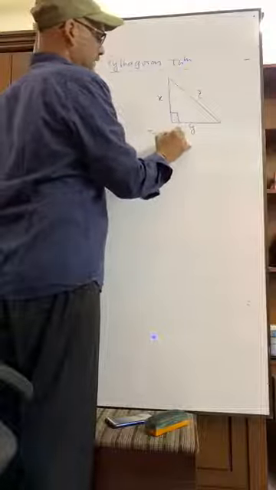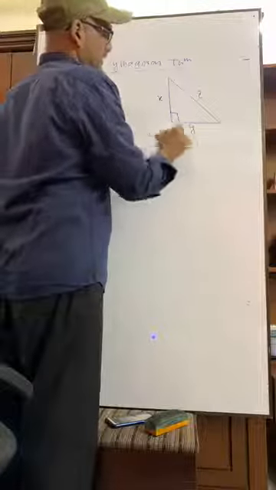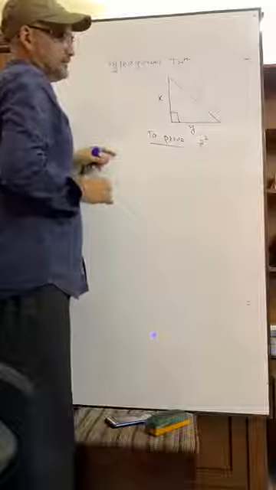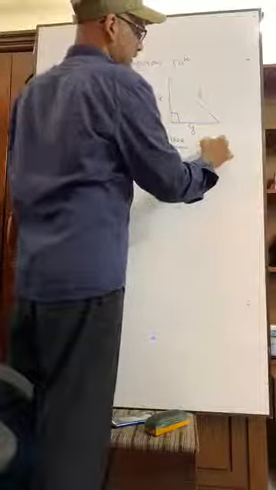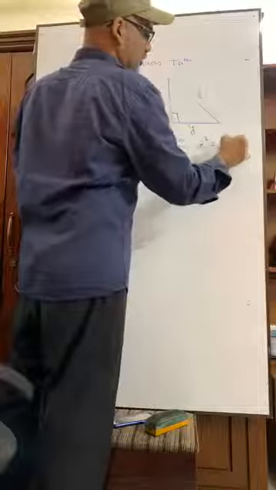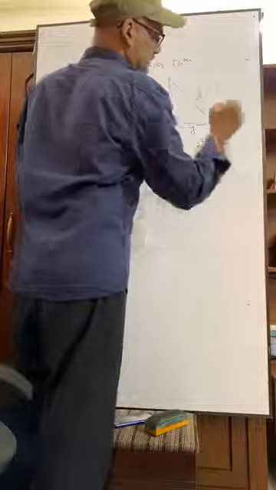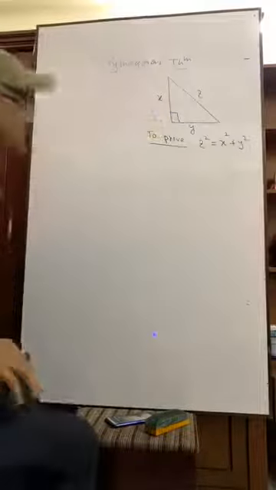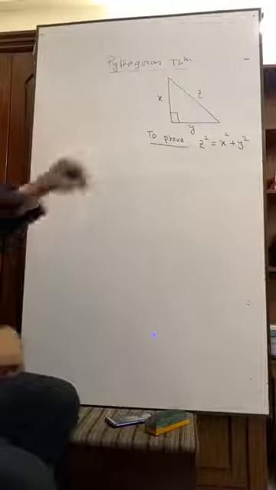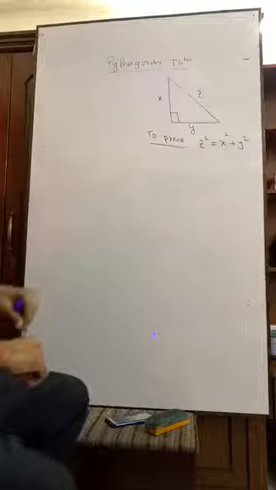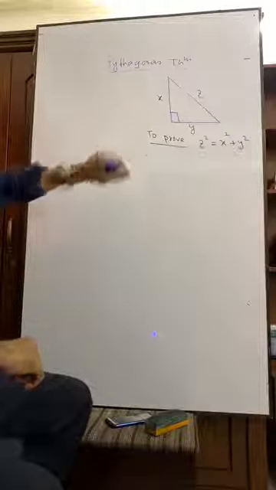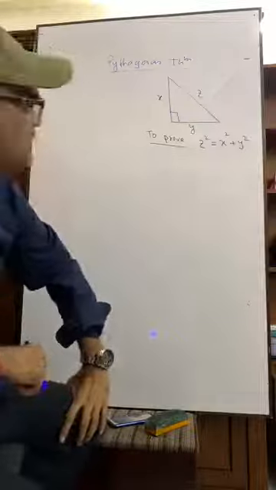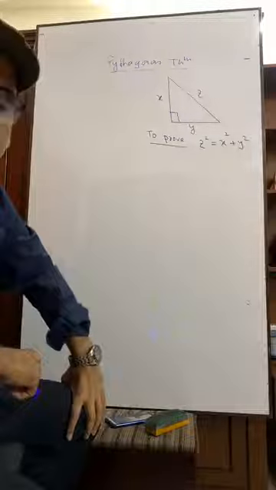To prove that the square of the hypotenuse is equal to the sum of the squares of the other two sides. Please try to understand. In this triangle, the lengths of the three sides are given. At first, the triangle must be a right angle triangle.